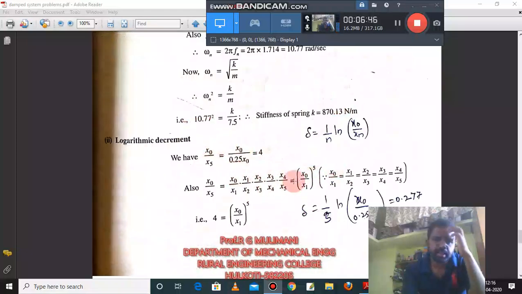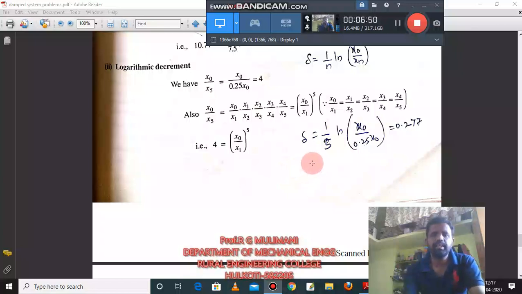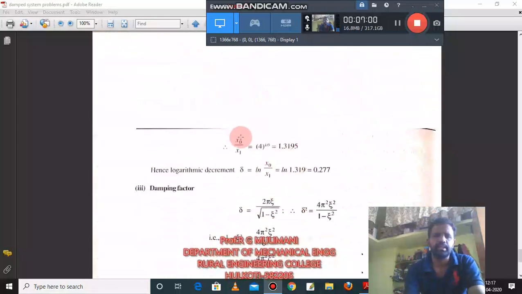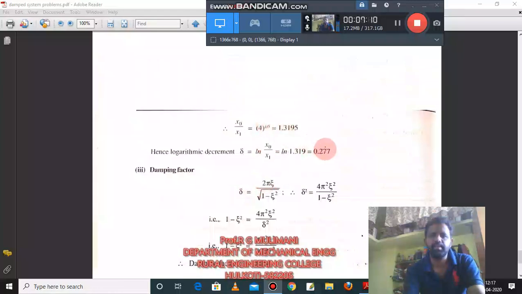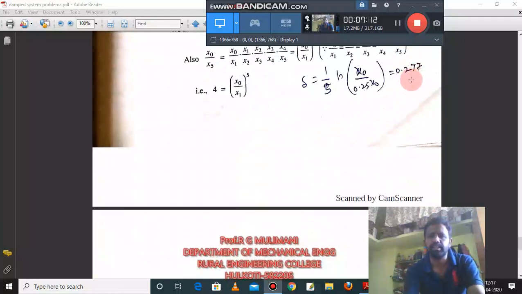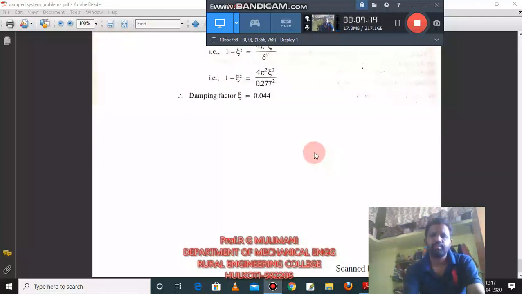We know that delta is equal to 2 pi zeta divided by square root of 1 minus zeta square. We know the delta value. If you know the delta value, then zeta can be calculated. If you know the logarithmic decrement, you can find the damping ratio. Logarithmic decrement value is 0.277. It is calculated here. Okay, thank you.